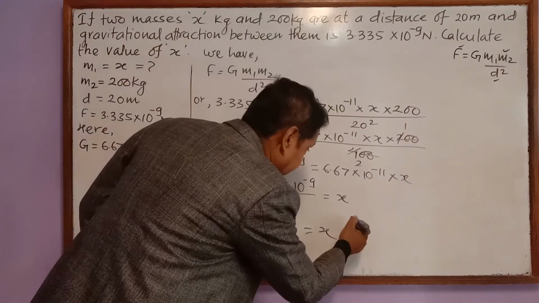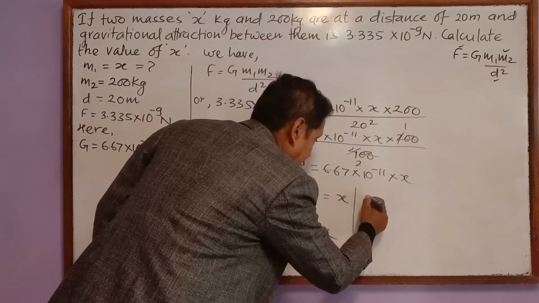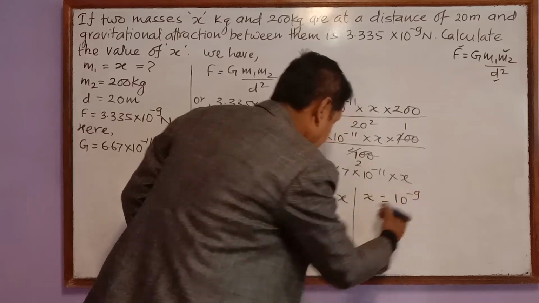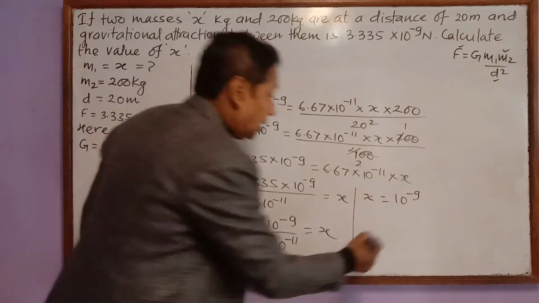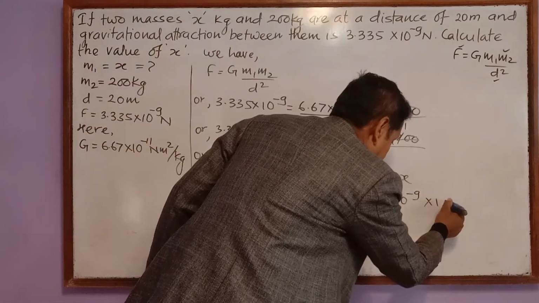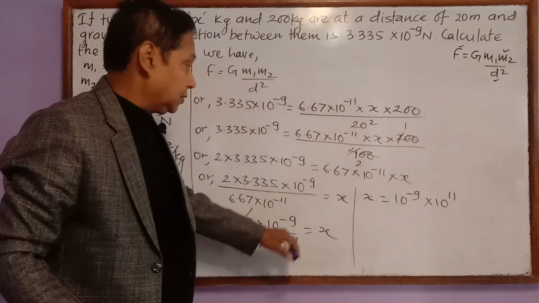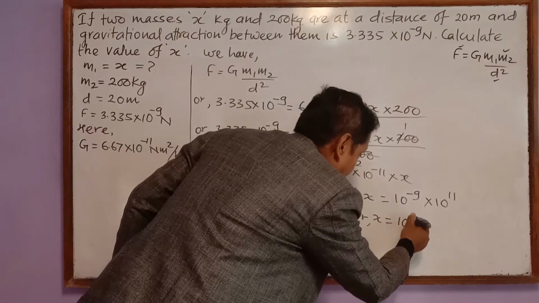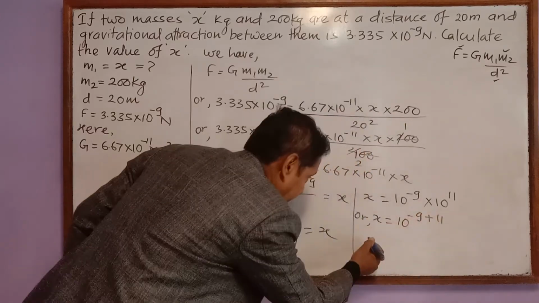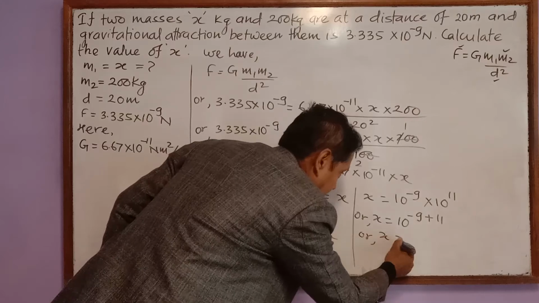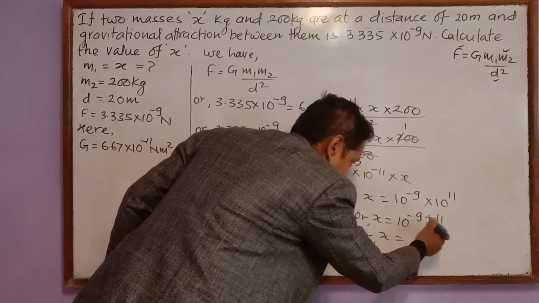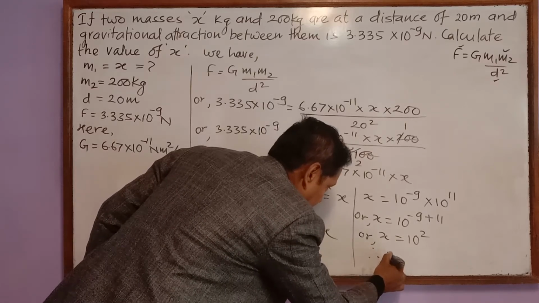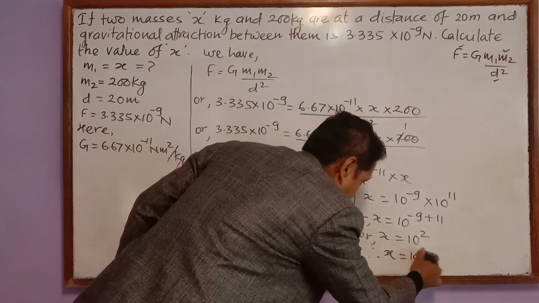Now x is equal to 10 to the power minus 9 in the numerator, and the denominator 10 to the power minus 11 can be taken to the numerator, and then minus becomes plus. So x is equal to 10 to the power minus 9 plus 11, that is 10 to the power 2. 10 to the power 2 means 1 having 2 zeros. That's why x is equal to 100.